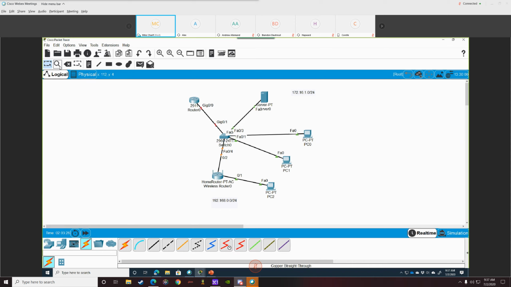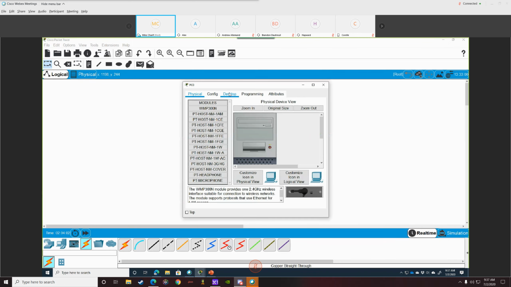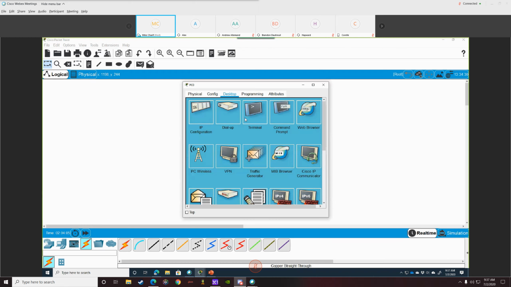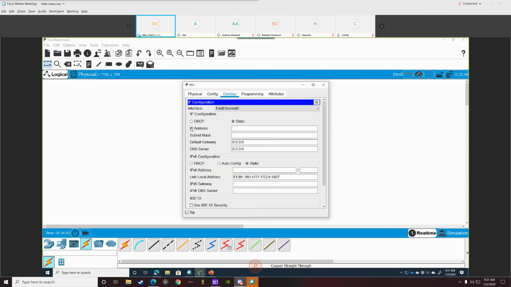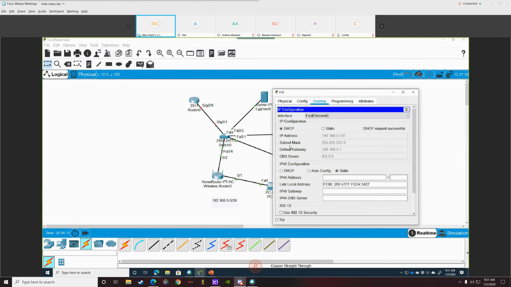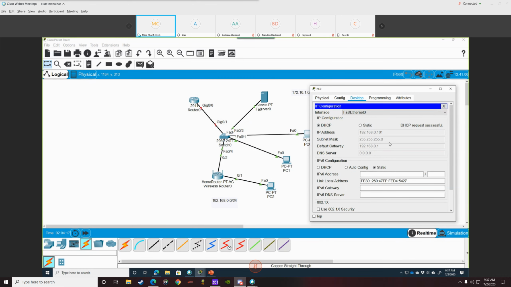Now, fast forward. Now those guys are going to get the address from the router, from the small router. See that, from the hacker's router. And that's how it's happening.